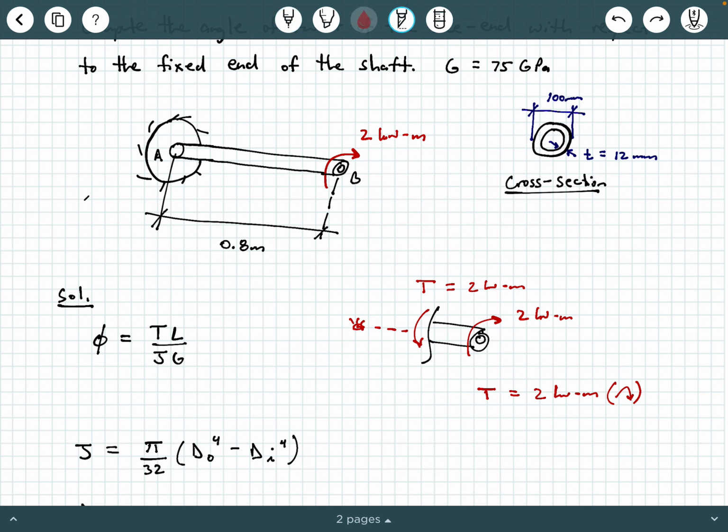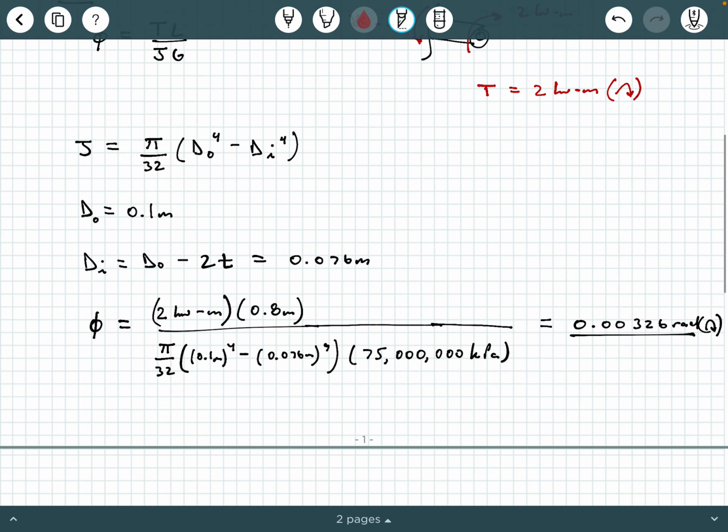We put a viewpoint looking into the cut, and by the right-hand rule, the fingers of our right hand curl counterclockwise to be positive, but we end up getting a clockwise internal torque moment, which by the right-hand rule would be a negative value. Regardless, this results in a clockwise rotation based on either of these viewpoints. So that is our final answer.